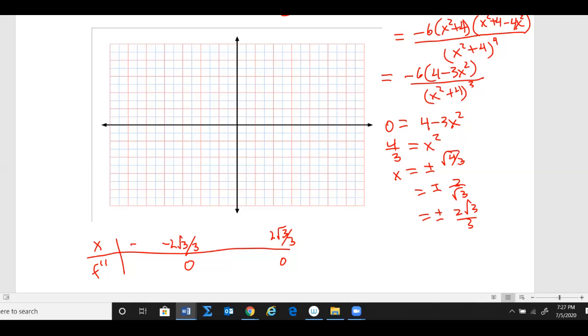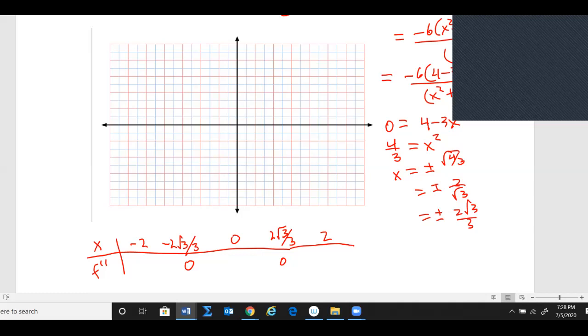I can just use a negative 2, and here I can use a 0, and here I can use a positive 2. For sure, my negative 2 is less than negative 2 root 3 over 3, which is definitely less than 1. So let's go ahead and check those numbers.